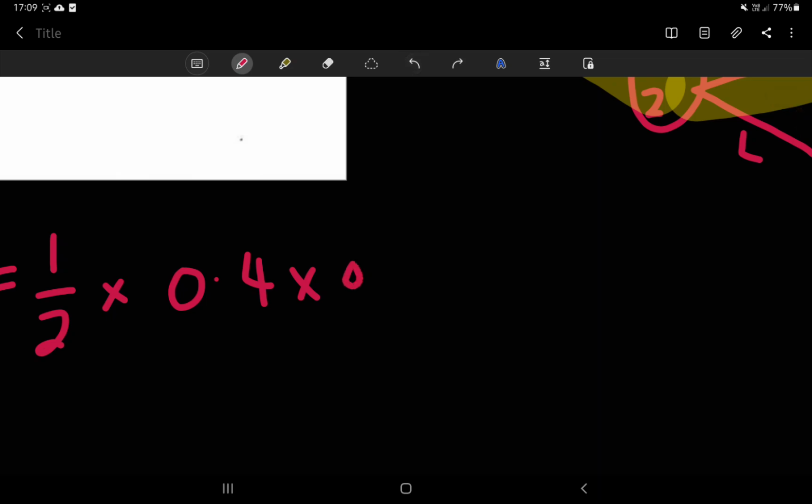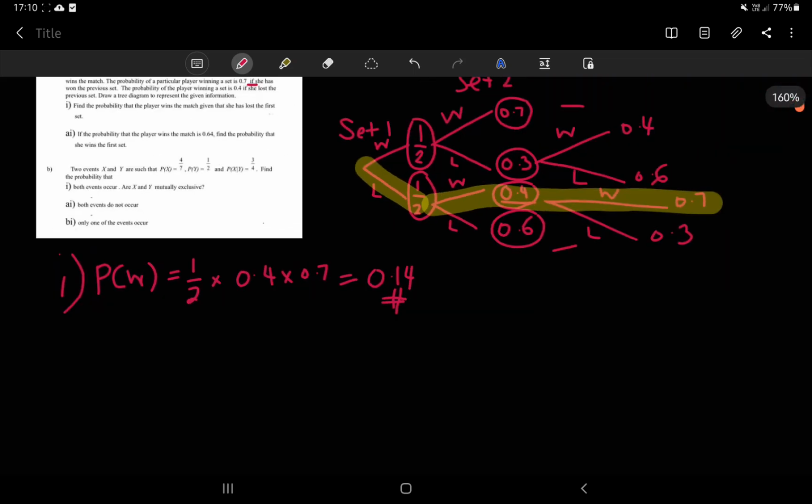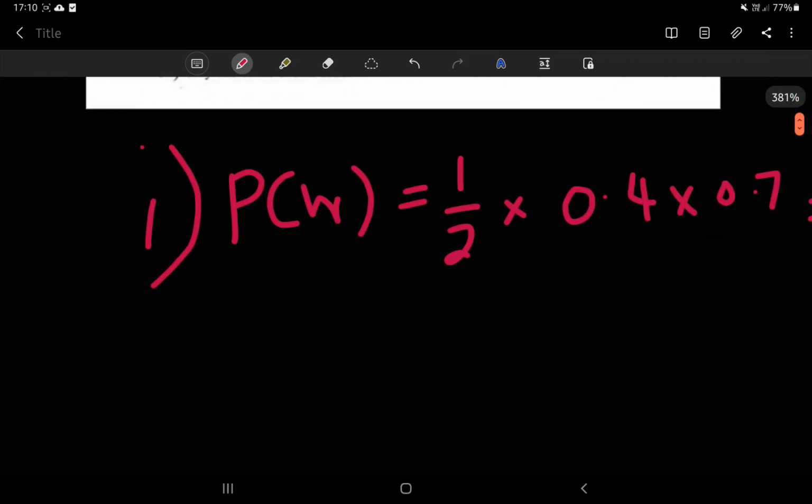Let me find my calculator first. So I got 0.14 as the answer.